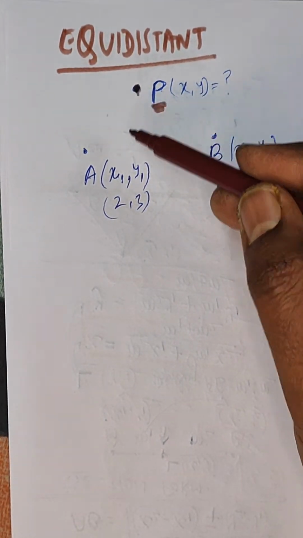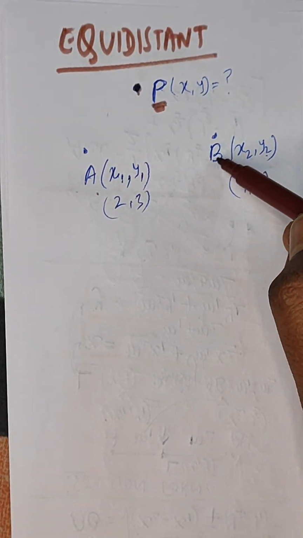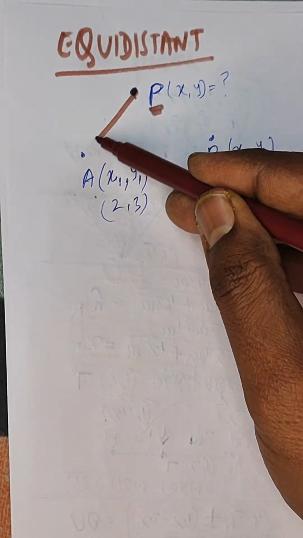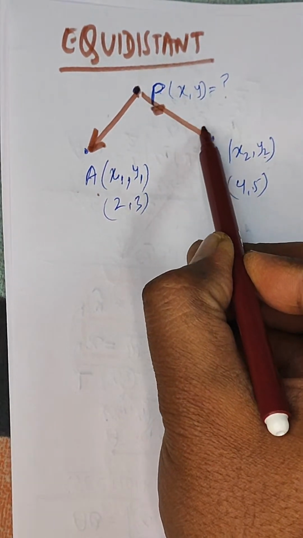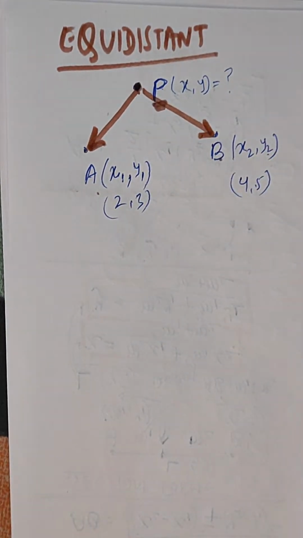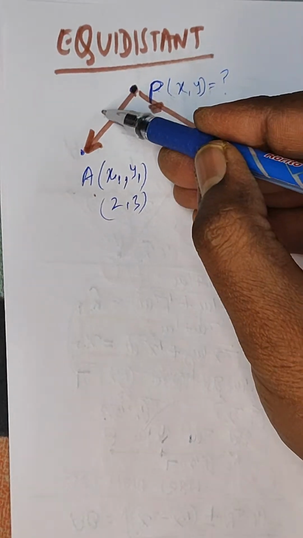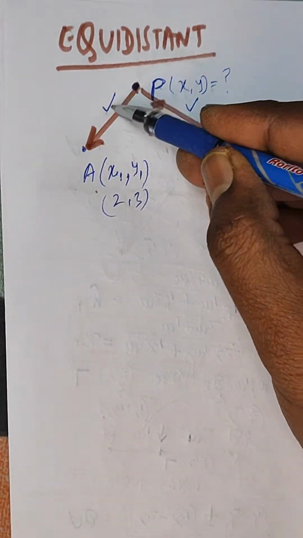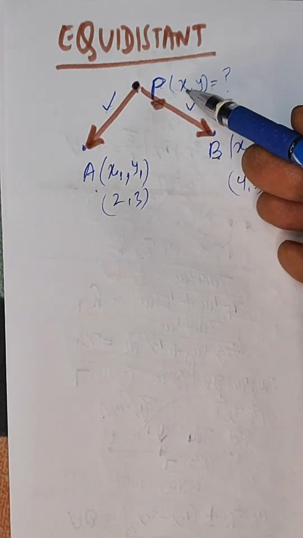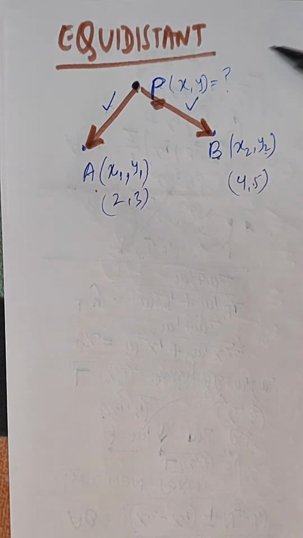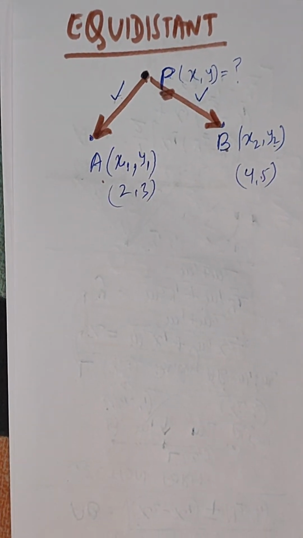So if P is equidistant from A and from B, then using the distance formula calculate PA, using the distance formula calculate PB, right? And if you just equate them, you will get the pending items which are asked in the question. So such questions can come.